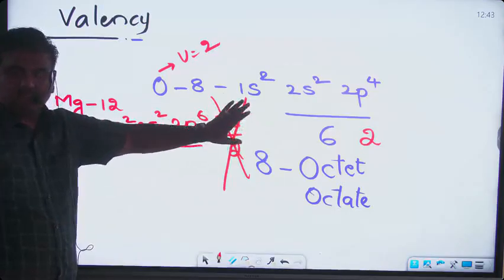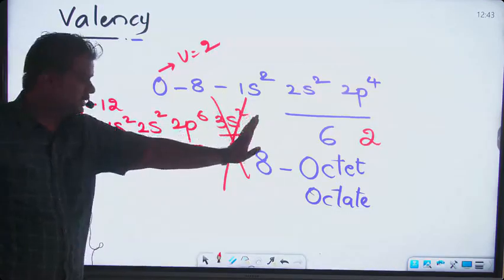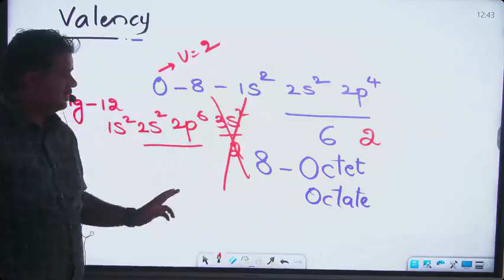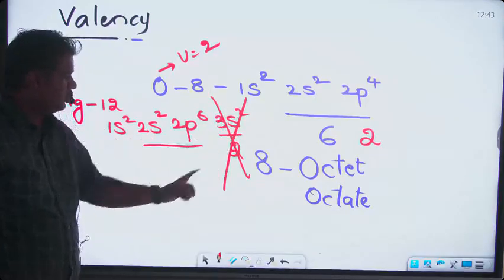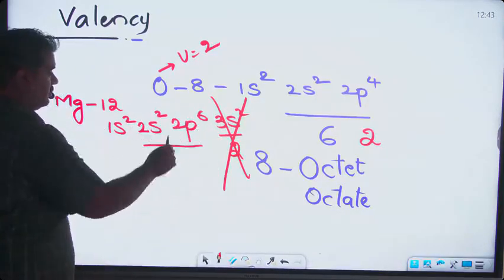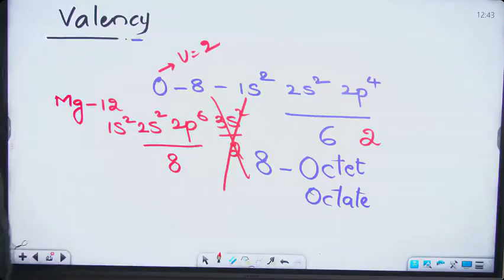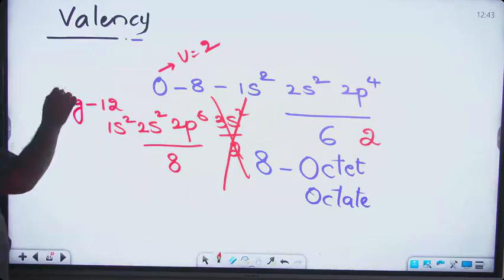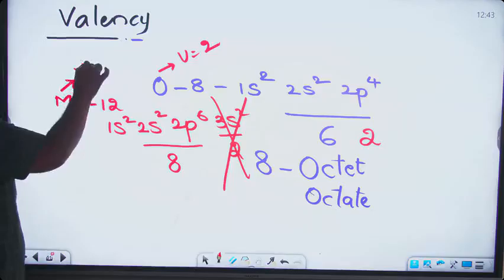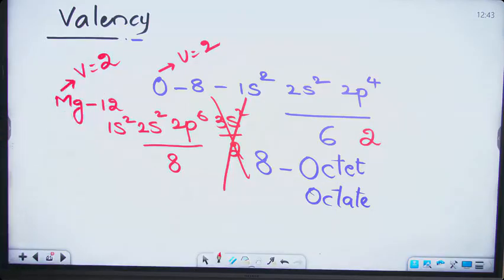Gaining 6 is not possible, so it will lose these 2 electrons. The moment it loses these 2 electrons, this becomes the last orbit, which already has 8 electrons. Did magnesium gain or lose? Magnesium has lost 2 electrons, yet the valency of magnesium is written as 2.